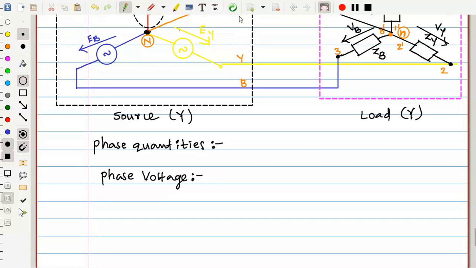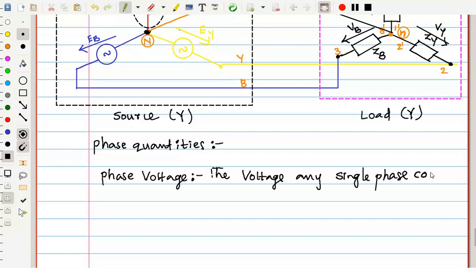So the phase voltage is the voltage of any single phase coil. Here voltage is nothing but induced voltage, that you should understand. For a generator it is induced voltage.